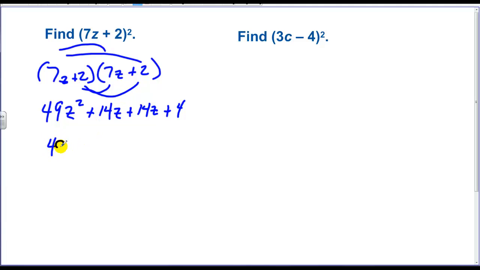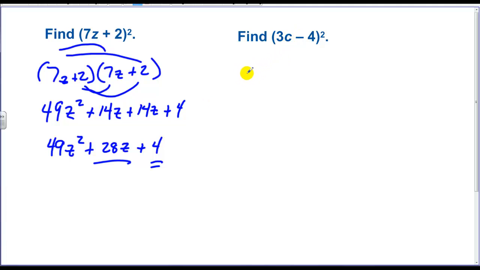So I have 49z squared, 28z, and 4. Noticing again, the last term is the square of the second term of the binomial, and the middle term is 2 times the product of the two coefficients in the binomial.